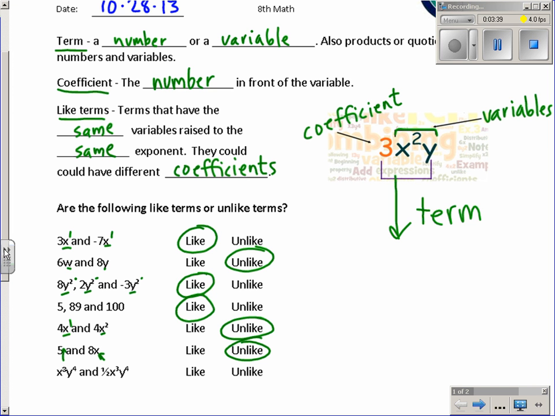And then the last one is, and here's where if there's no number in front of the variables, the coefficient is always 1, so we can just put a 1 in front there. So 1 x to the third, y to the fourth, and then 1/2 x to the third, y to the fourth. So they have the same variables after the coefficient, and those variables both have the same exponents, so those would be considered like terms as well.